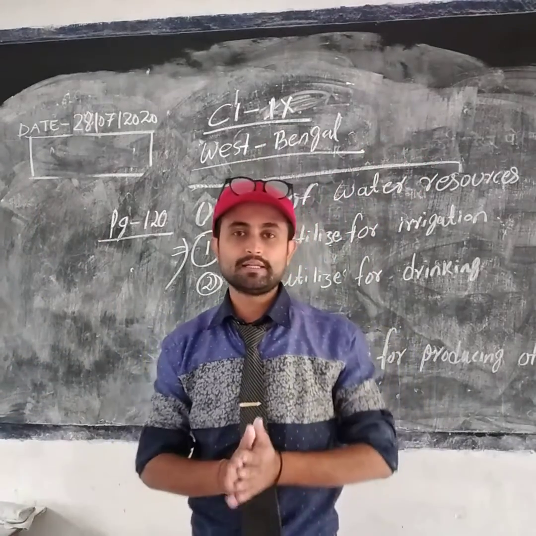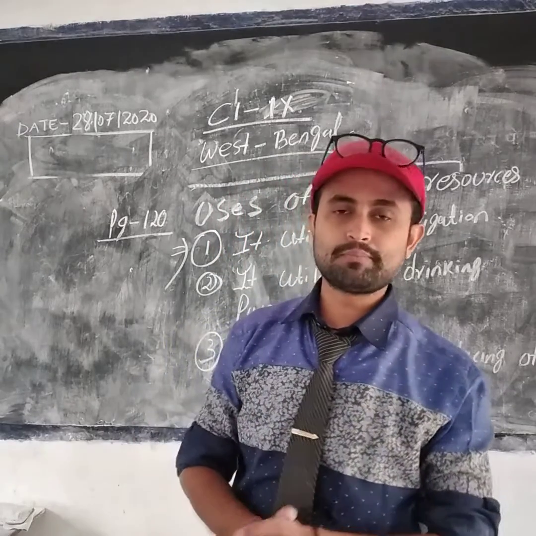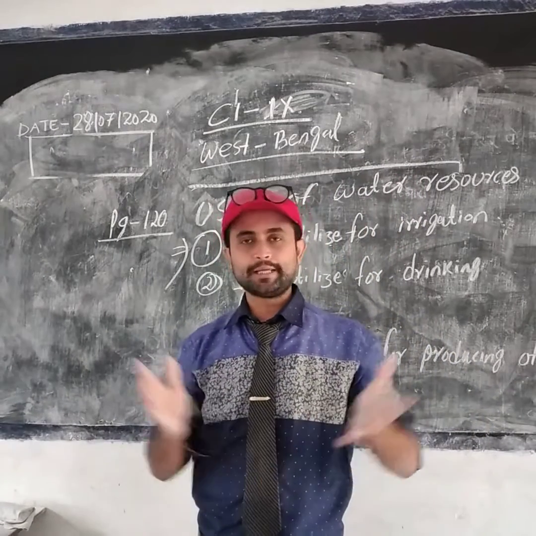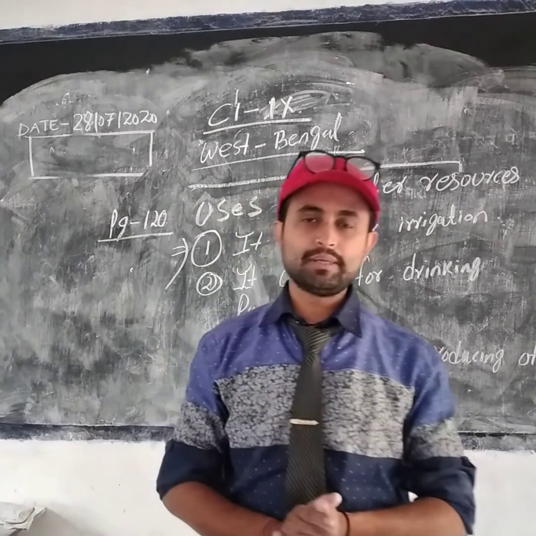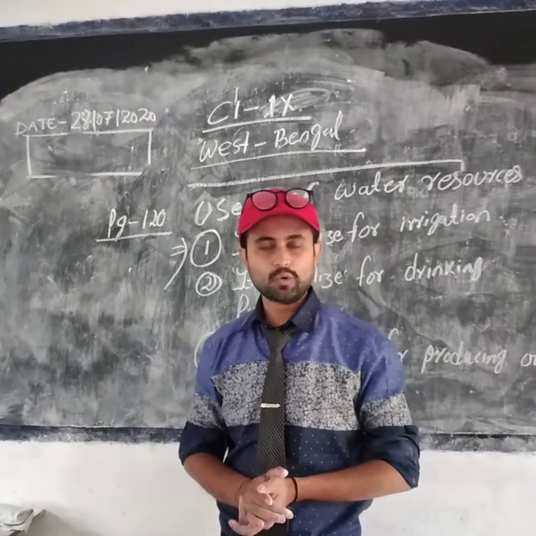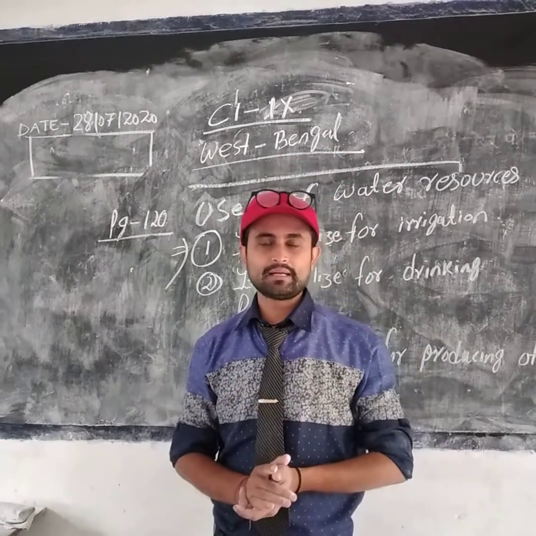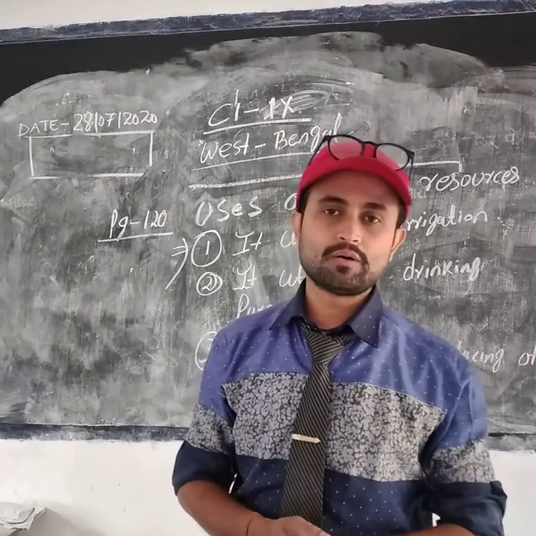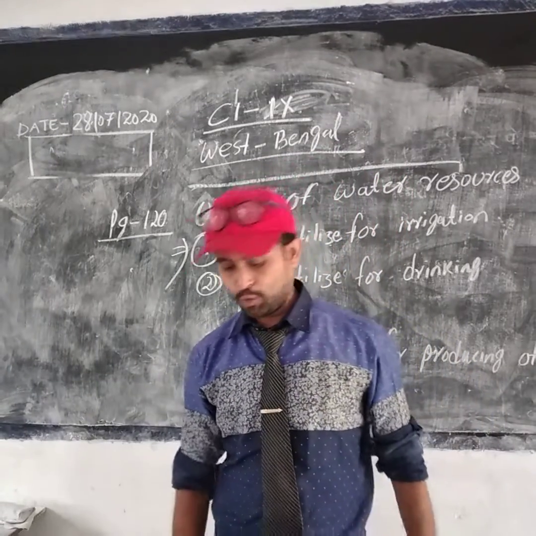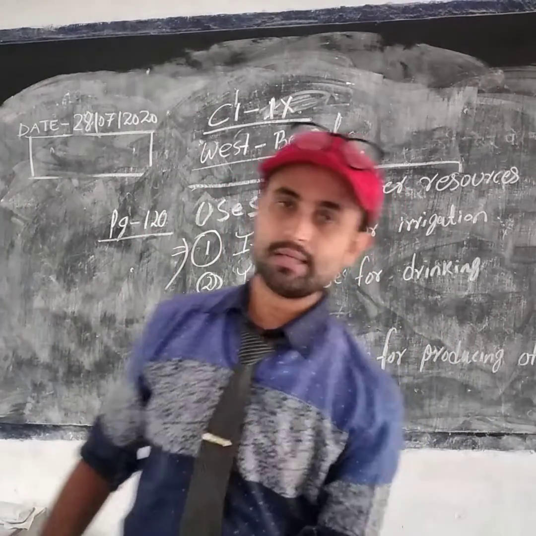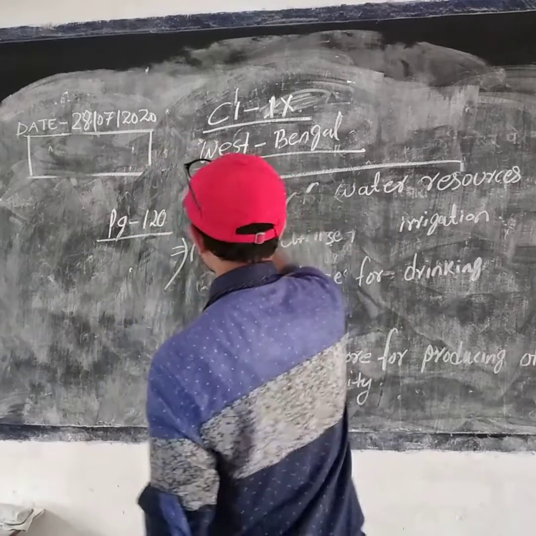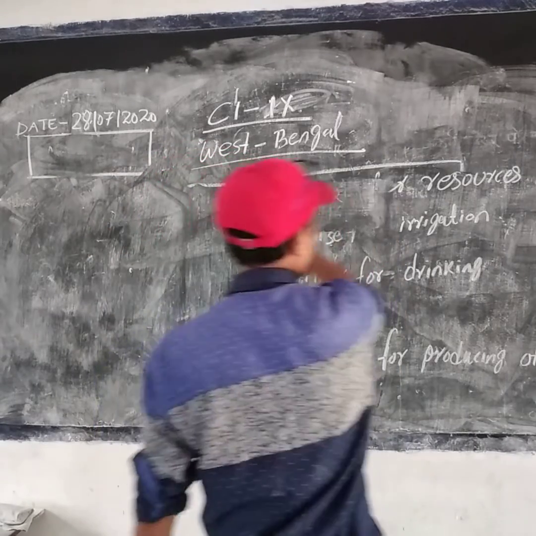Number 2, it is also utilized for drinking purpose. Number 3, big rivers like Damodar and Hooghly, their water is stored in a dam and also utilized for producing electricity, my dear students. So these are all 4 points here.